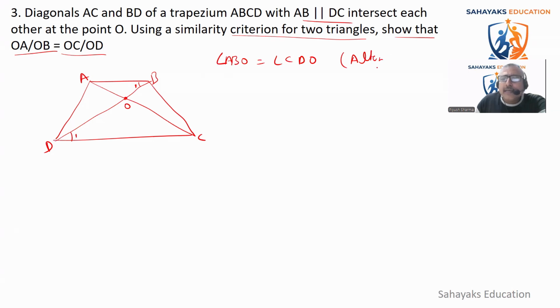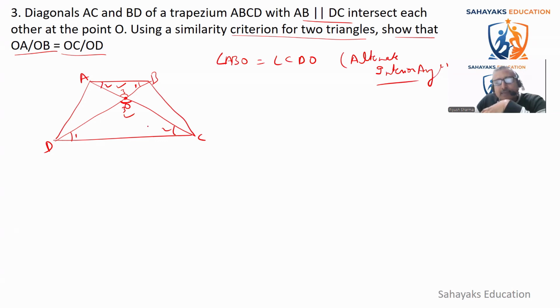Alternate interior angles. Similarly, angle 2 is equal to angle 2, again alternate interior angles. Then angle DOC is equal to BOA, that is vertically opposite angles. So this angle is 3, this is also 3. So by AAA similarity, this triangle is similar to this triangle.